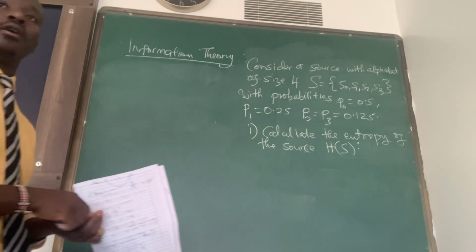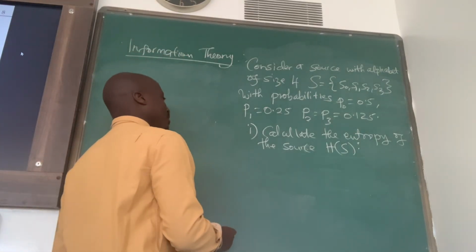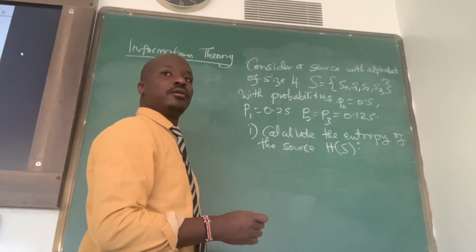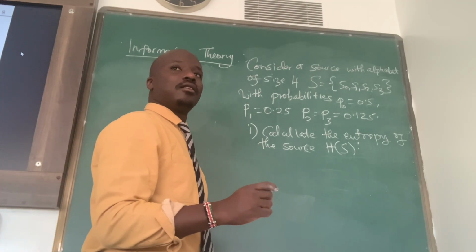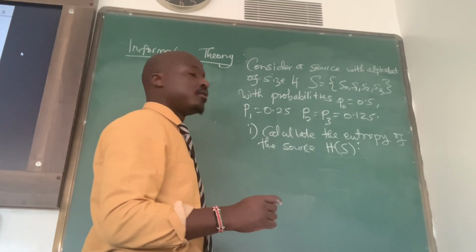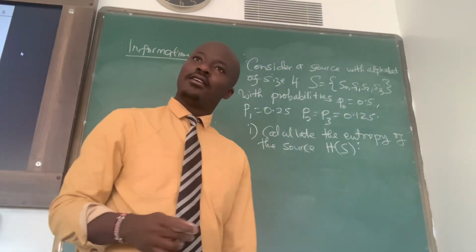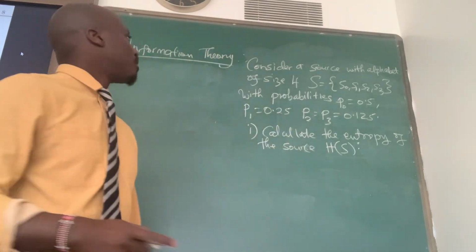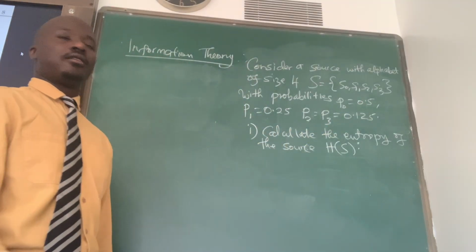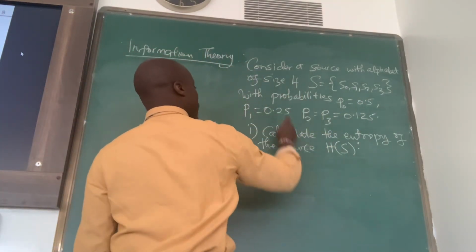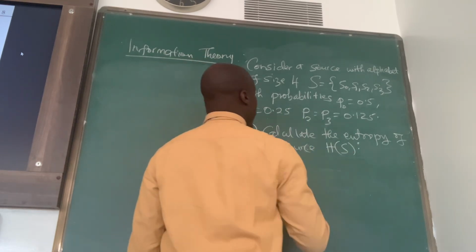So what do we do? Straight to the point, we are calculating entropy. So entropy H of S of this source is just going to be what?